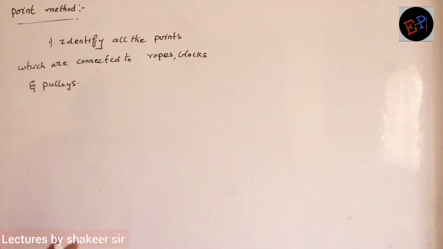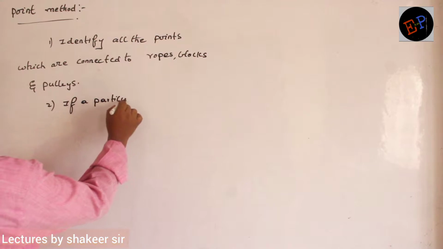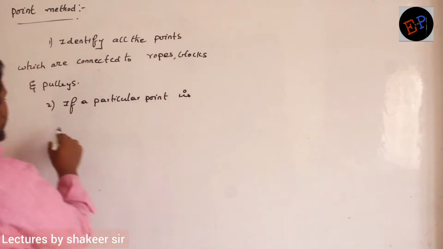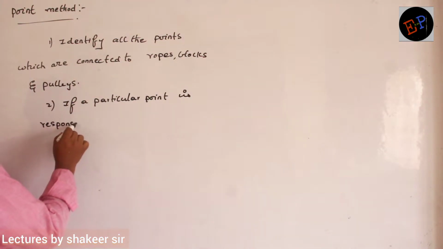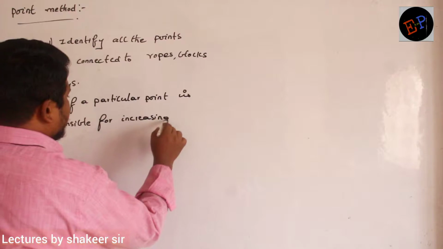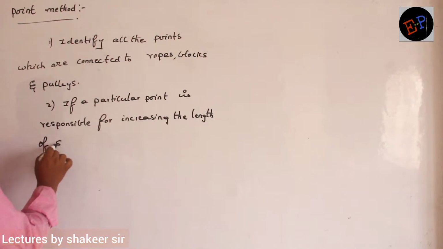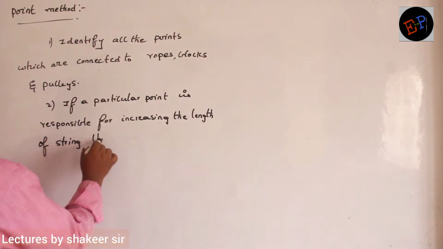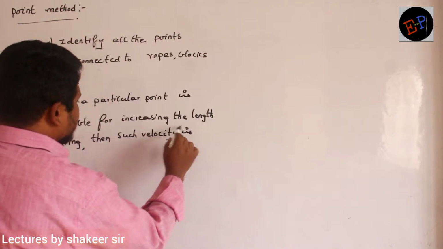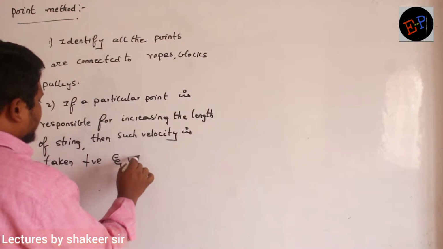Clear? Second point is that if a particular point is responsible for increasing the length of a string, then such velocity is taken positive and vice versa.